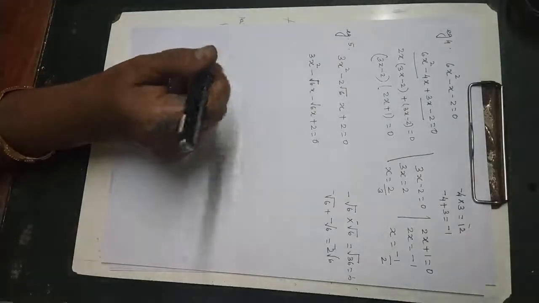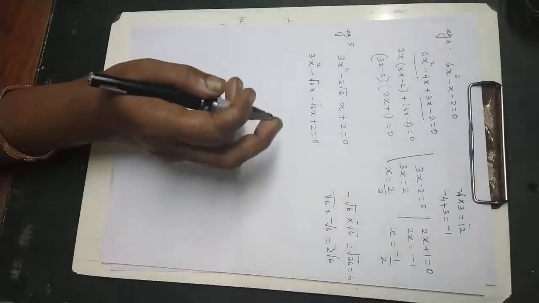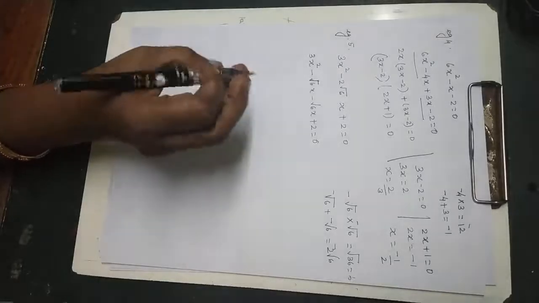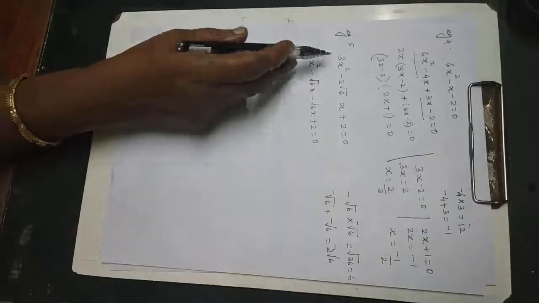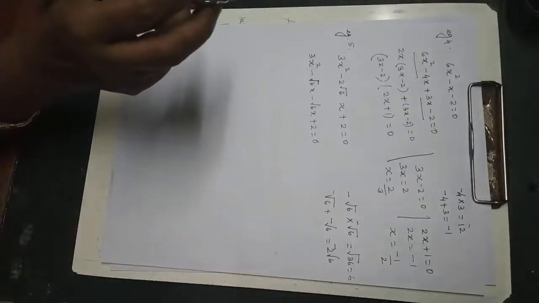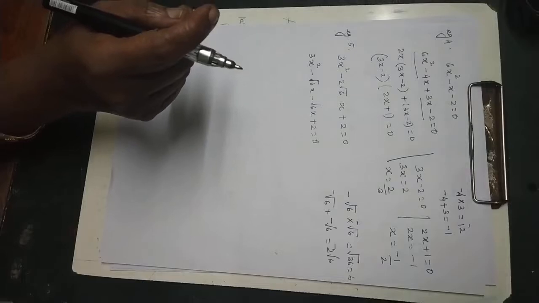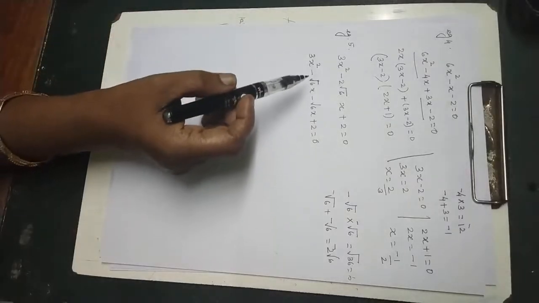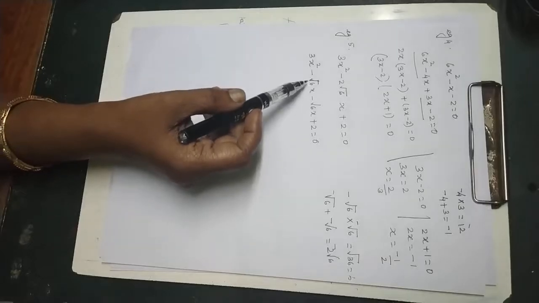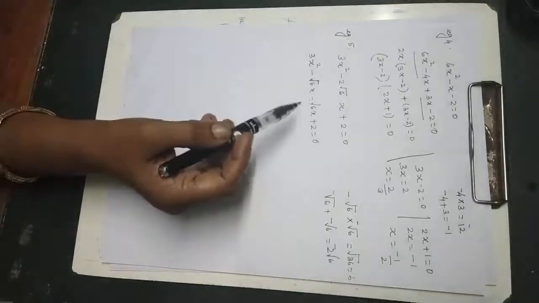Here 3 you can split as root 3 into root 3. Root 6 you can split as root 3 into root 2.